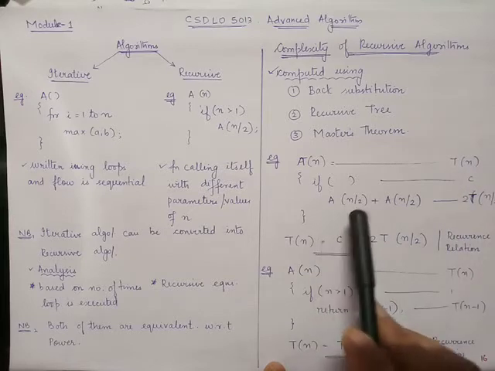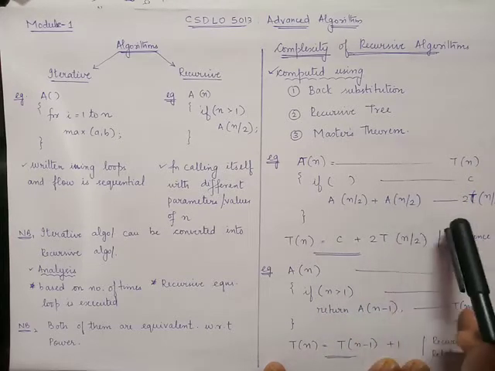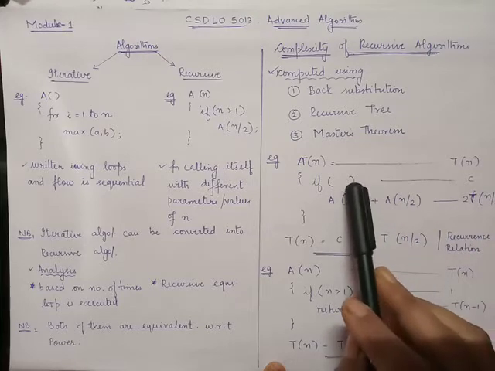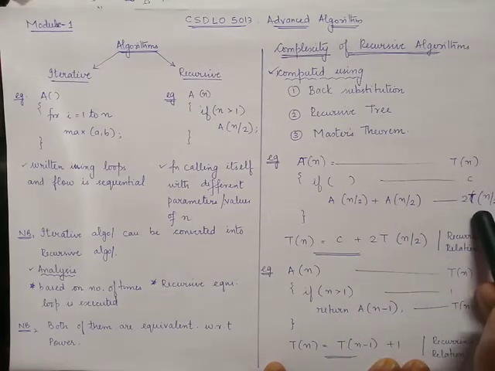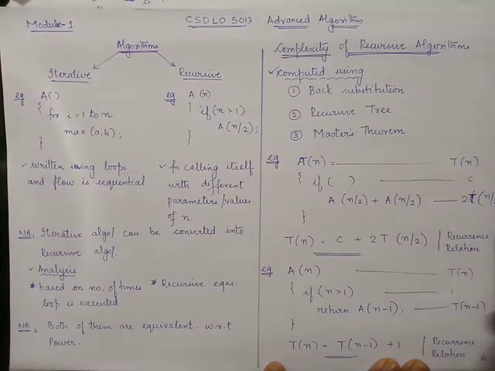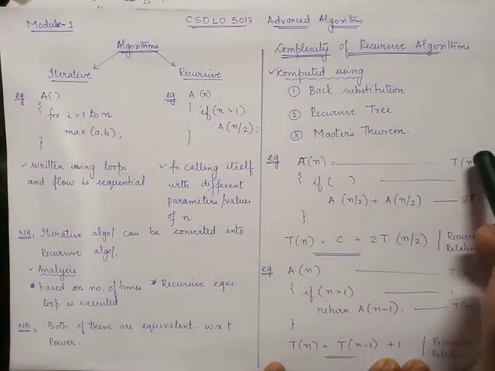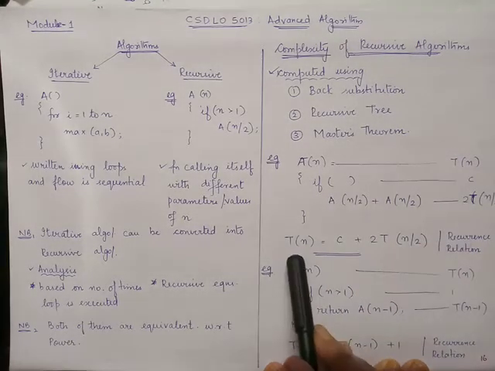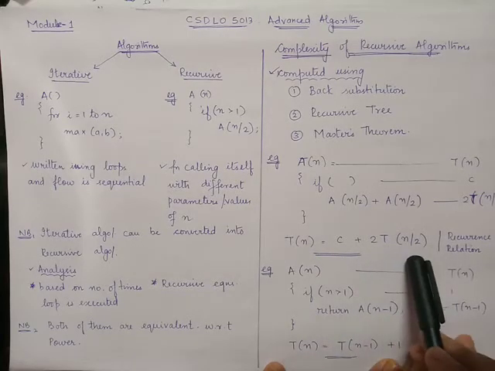Now coming to the two recursive calls in this if statement, the time complexity of the function call with n by 2 we can assume to be t of n by 2. Since there are two calls, we can write it as 2 times t of n by 2. Now the recurrence relation corresponding to this code snippet can be written as t of n is equal to c plus 2 times t of n by 2.